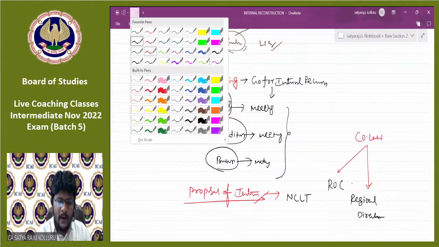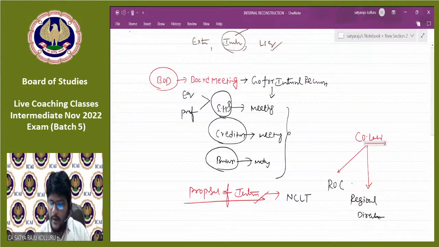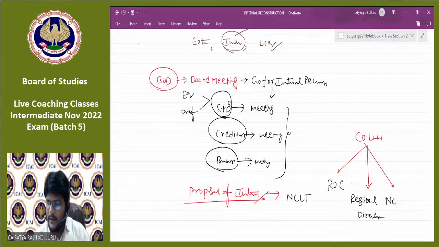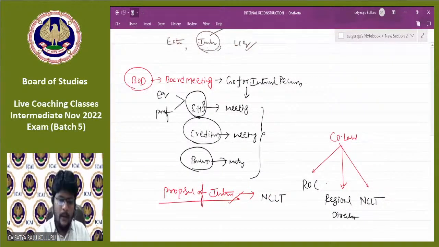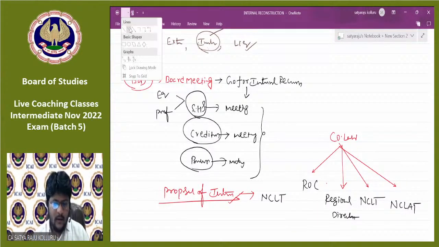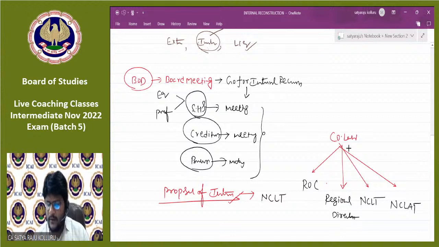Another regulator as per the Companies Act 2013 is NCLT, the National Company Law Tribunal, and one more is NCLAT, the National Company Law Appellate Tribunal. Actually, this is not my subject, but still I am telling you out of my anxiety. Okay. Next, you can take another regulator, SEBI.